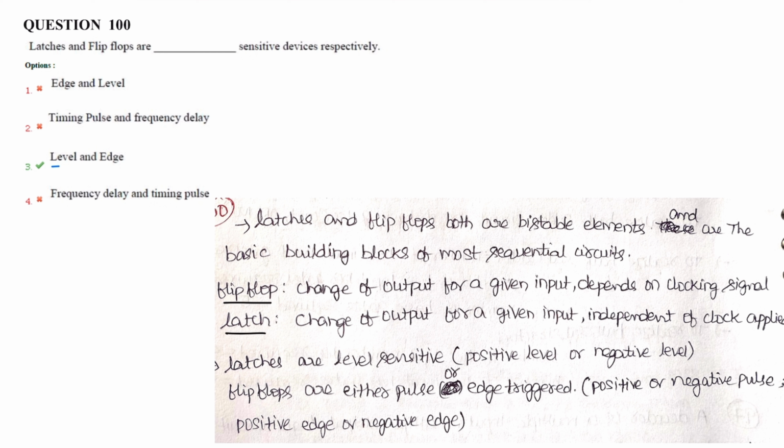Latches are level sensitive, either positive level or negative level sensitive, and flip-flops are pulse or edge triggered, positive edge and negative edge triggered. Therefore, latches are level sensitive and flip-flops are edge sensitive devices respectively. The correct answer is option 3.